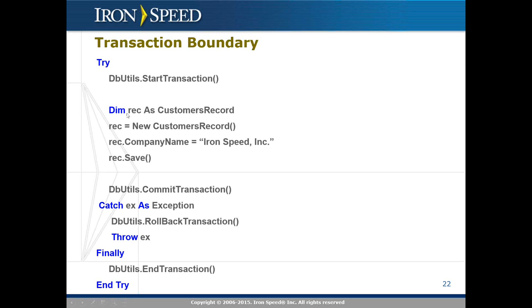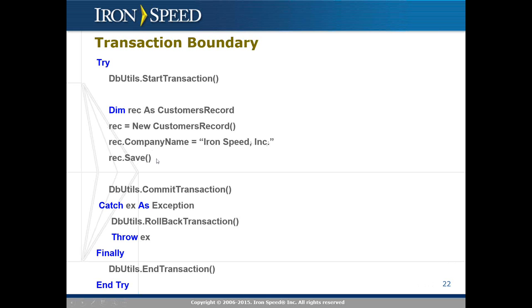You can see that I'm going to declare a variable called rec of type customers record. So again, this is strongly typed instead of just saying dim rec as object. And then rec equals new customers record. So I want to create a new instance of that customers record construct, that customers record template, if you will. And I'm going to then assign the company name in this record to equal Iron Speed Inc.